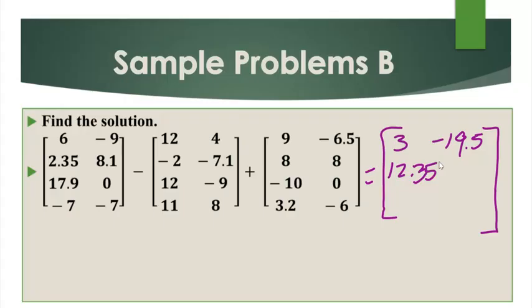We have 8.1 minus a -7.1, which is plus 7.1, plus 8 gives us 23.2. Next, we have 17.9 minus 12, minus 10. That gives us negative 4.1.